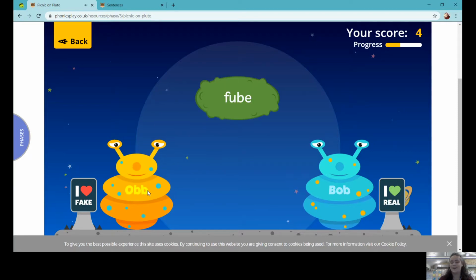Okay, reading the next word on the board, off you go. Lovely. Foob. Is foob a real word or a nonsense word? That's right, it's a nonsense word.